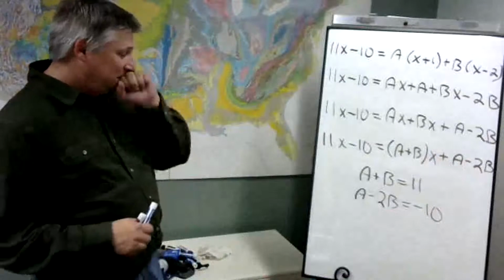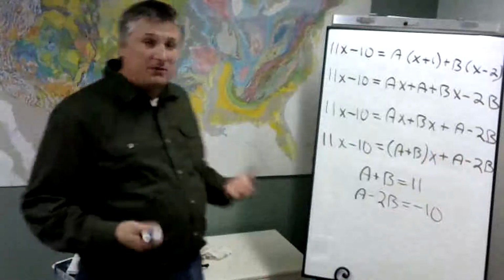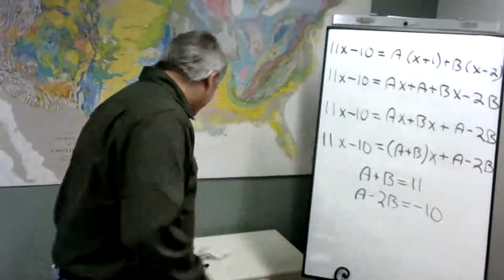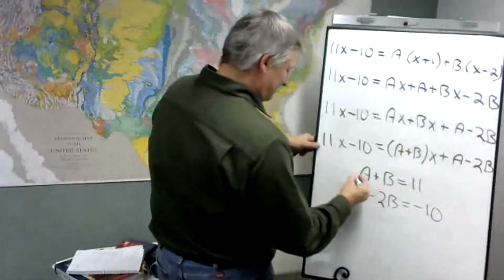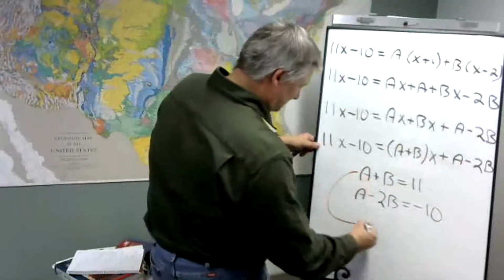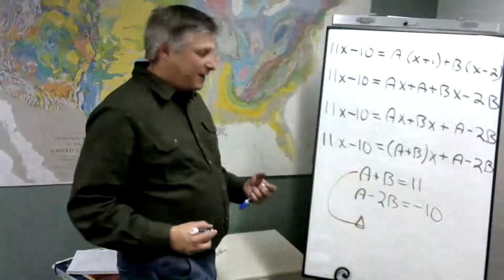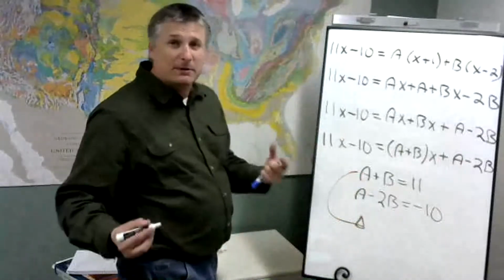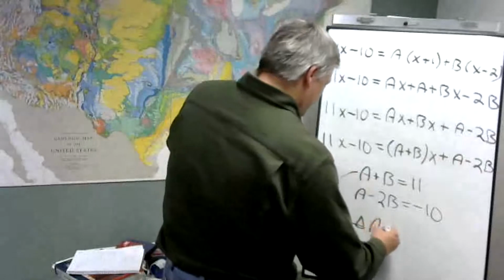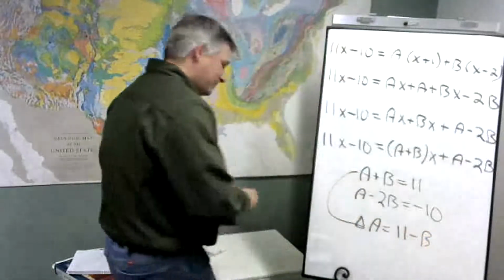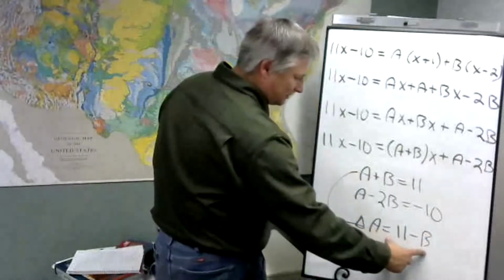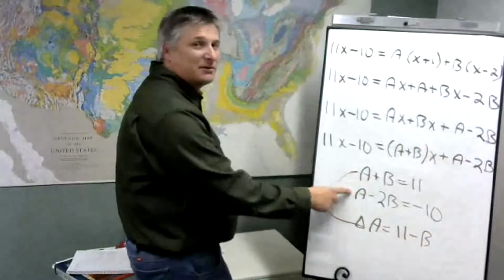All right. So what we can do is solve this system of equations. So I'm going to take this. I'm going to use substitution. I'm going to solve for A. So if I solve for A, I subtract B from both sides. And now I take this, I'll substitute it into this equation.